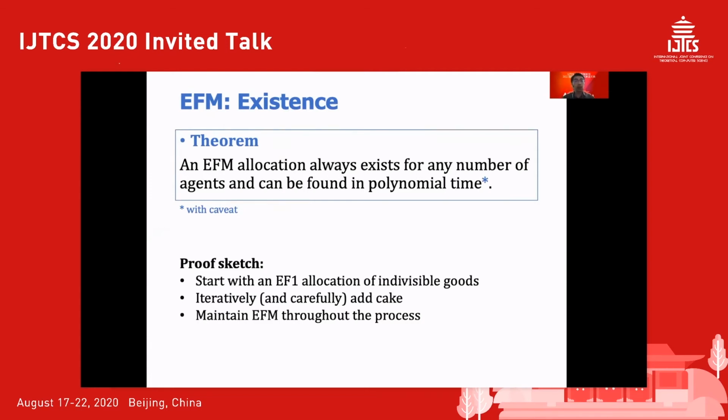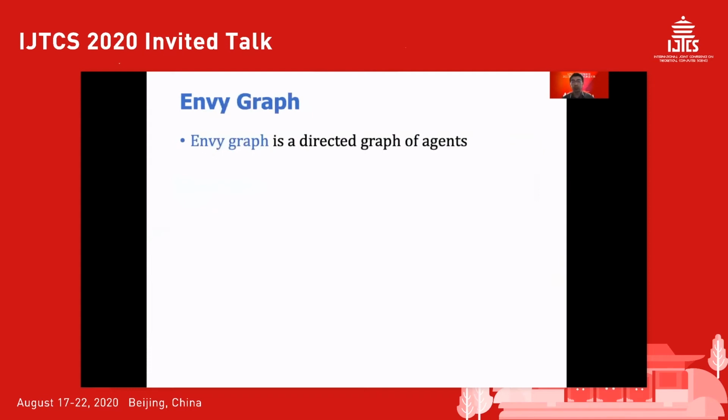Now let's look at some details of this proof. To show this proof, we're also going to need some additional notions. We define the following notion called the envy graph. An envy graph is a directed graph among agents. For any given allocation, we can construct an envy graph of the agents.